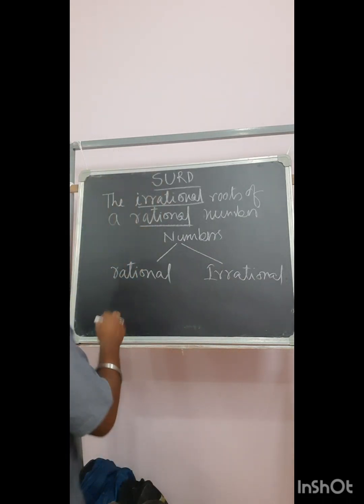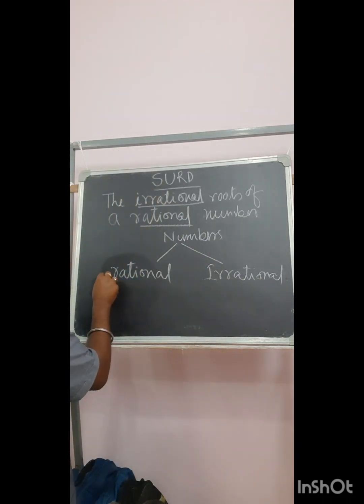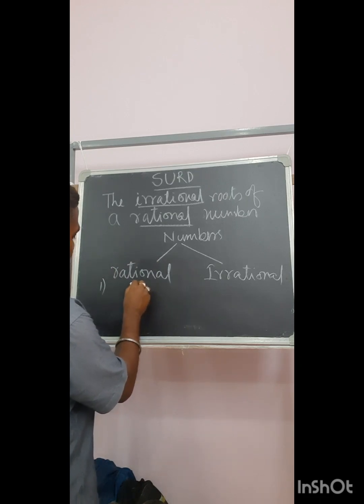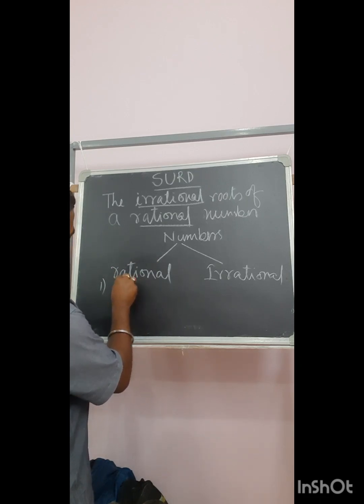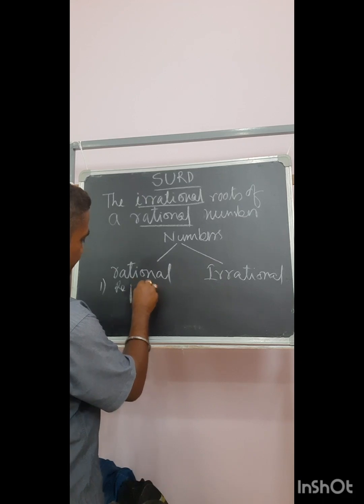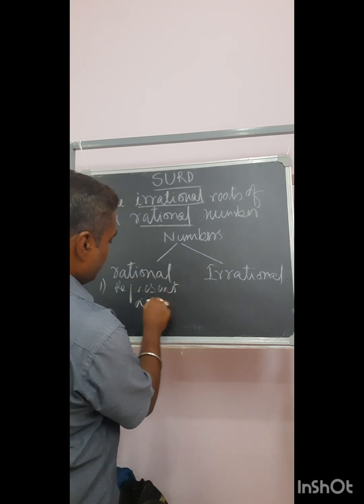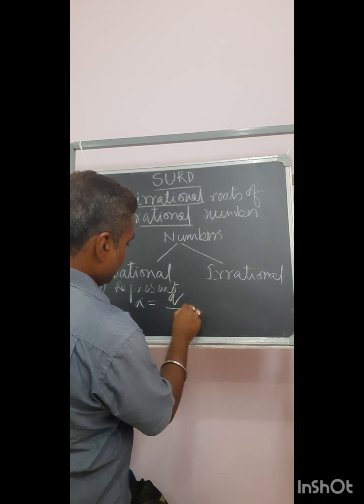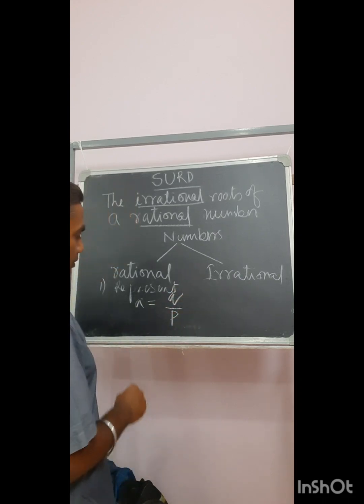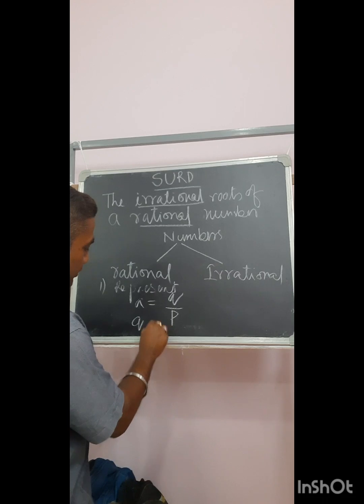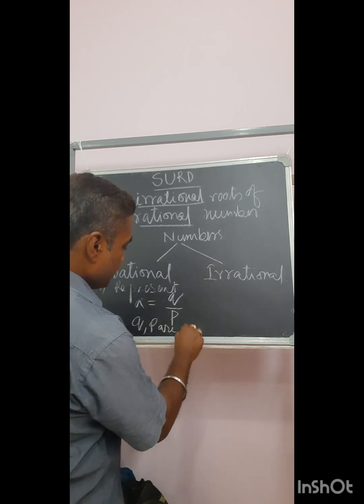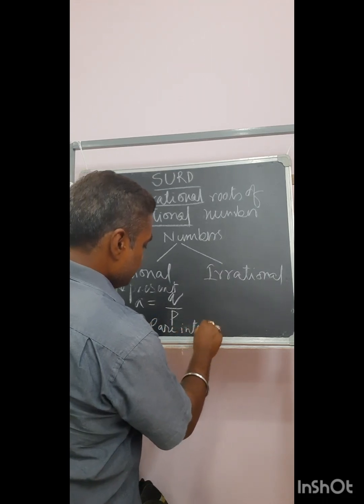So what is rational? The first simplest thing: I could represent a number in the form of a ratio, let's say p by q, where p and q are integers.